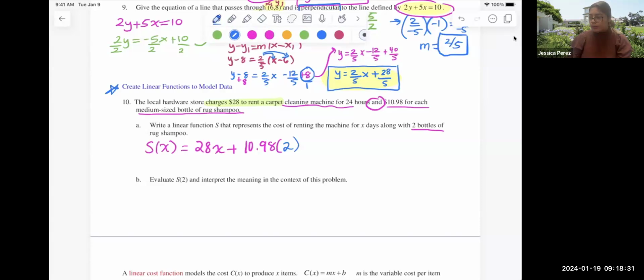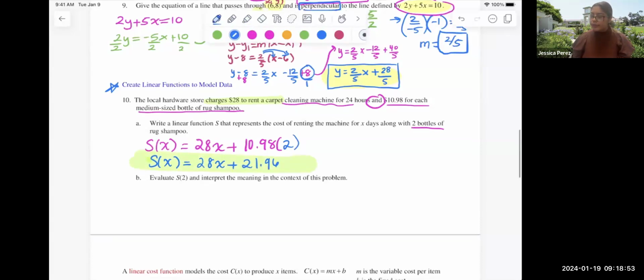So in total, S of x equals 28x plus, when I multiply 10.98 times 2, I'm going to get 21.96. So this is the new function in terms of the days. Okay, so that is the first part.